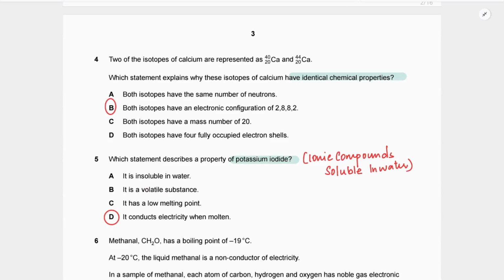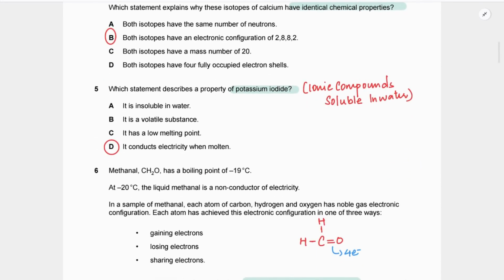It has a low melting point? No, it has a high melting point. It conducts electricity when molten, which is correct. An ionic compound will dissociate into ions, so yes, it conducts electricity. So the correct answer is D.